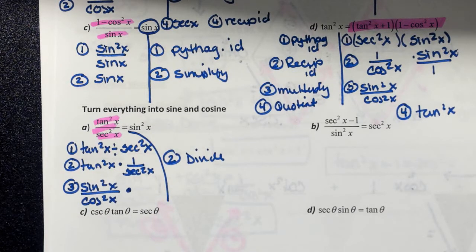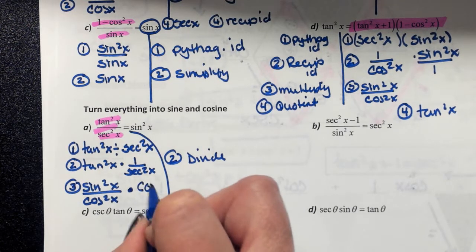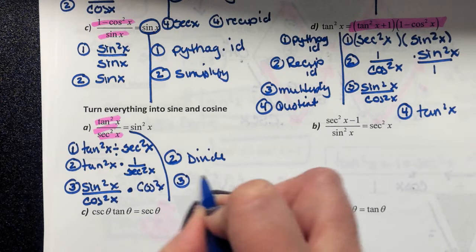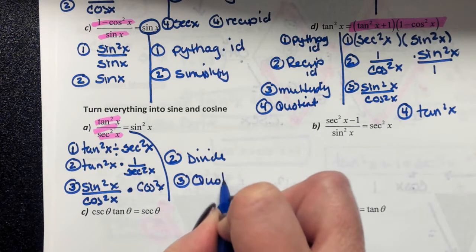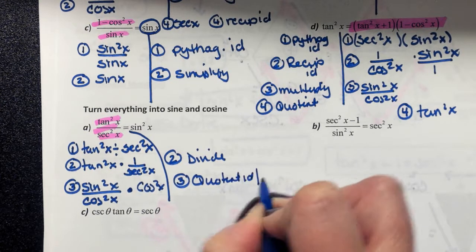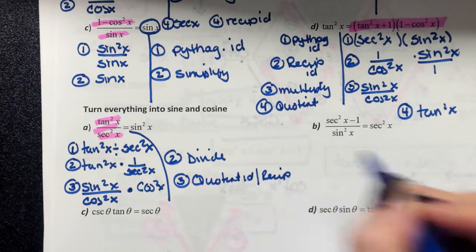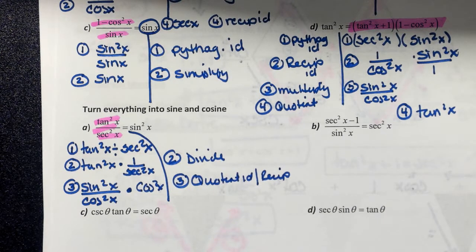What's 1 over secant squared equal to? Cosine squared. So again, I use my quotient identities and I use my reciprocal identity. What's next? I can cross out the cosine squares.